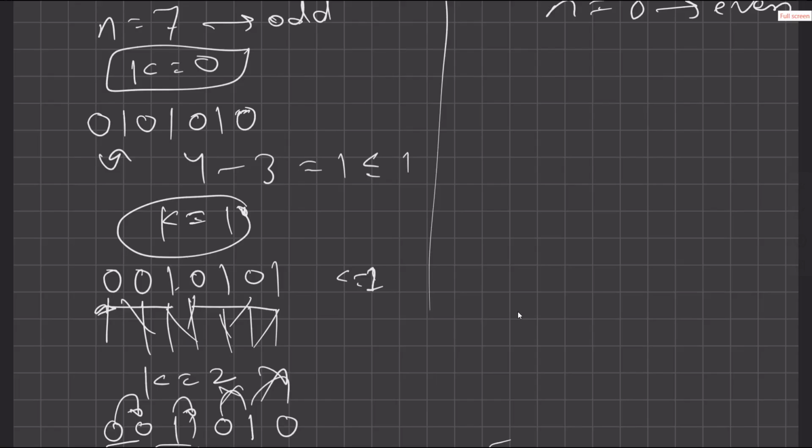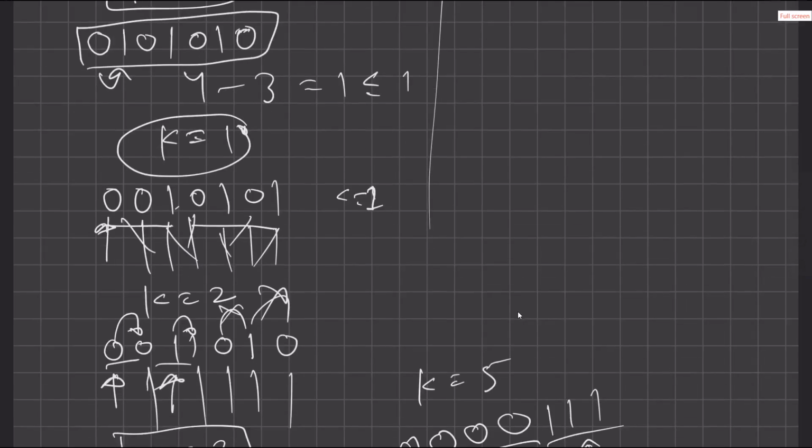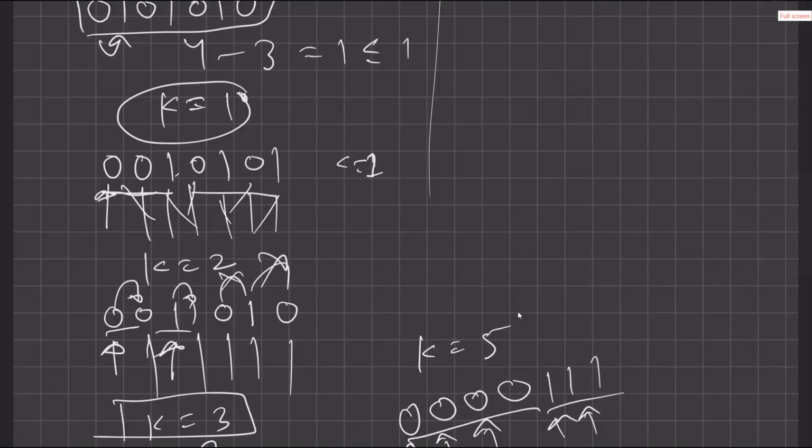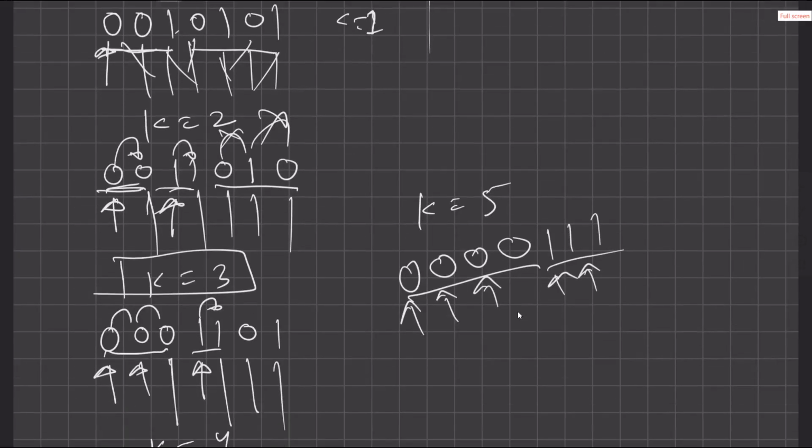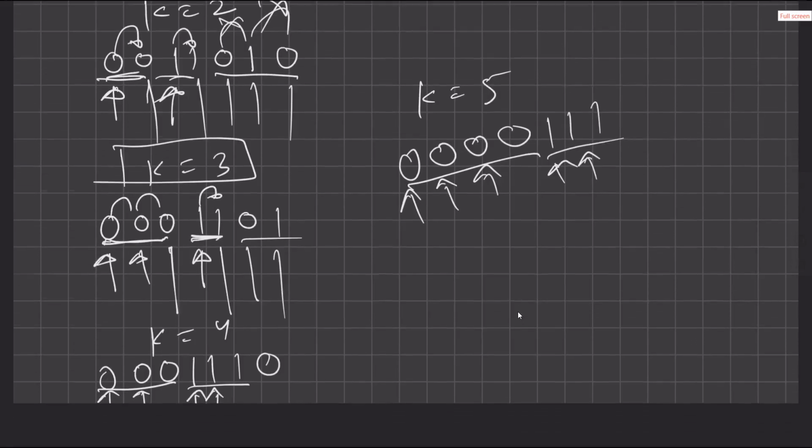Like, K is 0 means this is the pattern. K is 1 means 2 zeros, then remaining 1 0 1 0 pattern. When k is 2, 2 zeros, 2 ones, then remaining pattern. K is 3, 3 zeros, 2 ones, then 0 1 0 pattern.